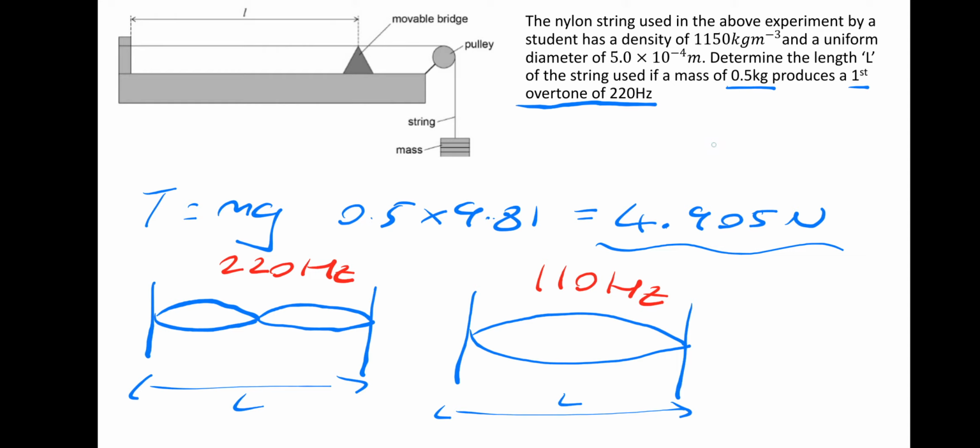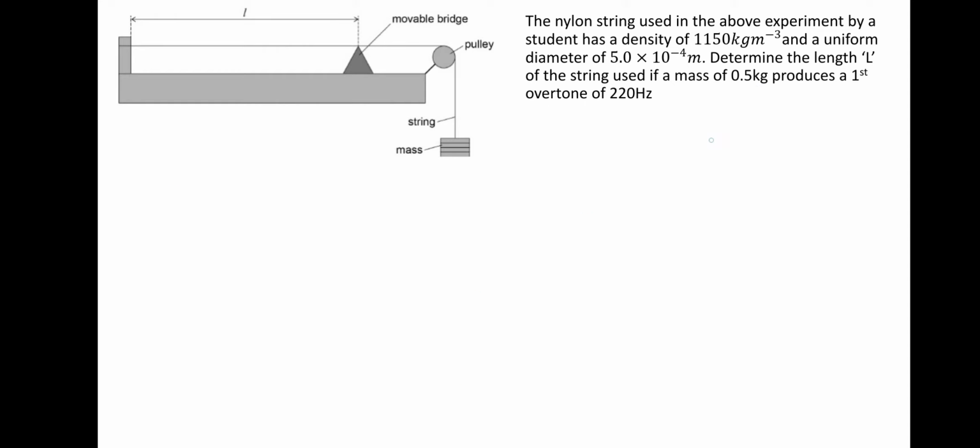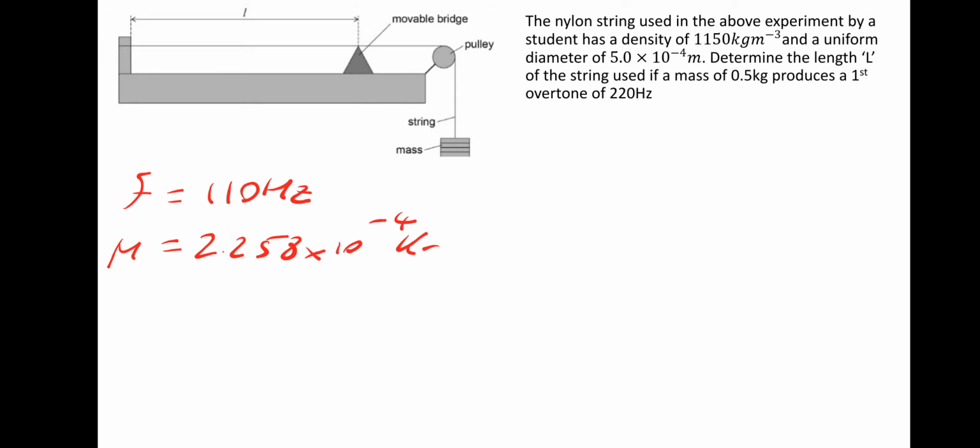So to consolidate, we've got a fundamental frequency of 110 Hertz. We've also got a mass per unit length of 2.258 times 10 to the minus 4 kilograms per meter. And we've got a tension of 4.905 newtons.